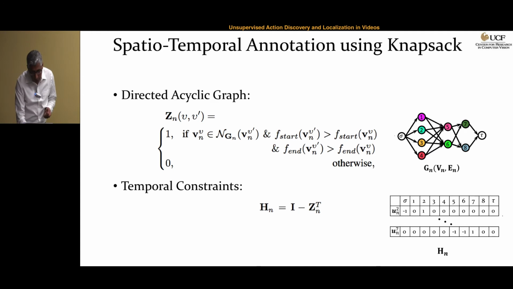So for example, if you look at the last row of this temporal constraint, it says that the supervoxel node 7 should only be selected if either 5 or 6 is selected. And we impose this by making sure that the sum of each row constraint is less than or equal to 0.